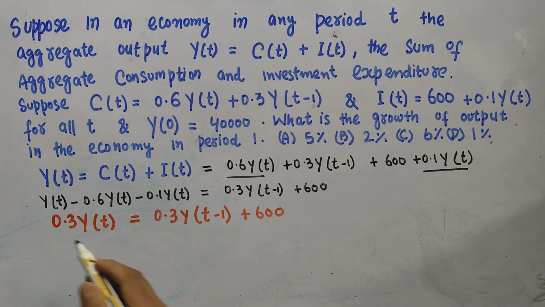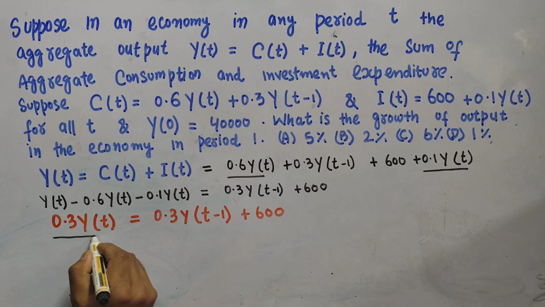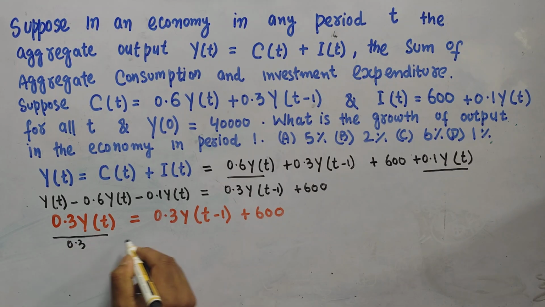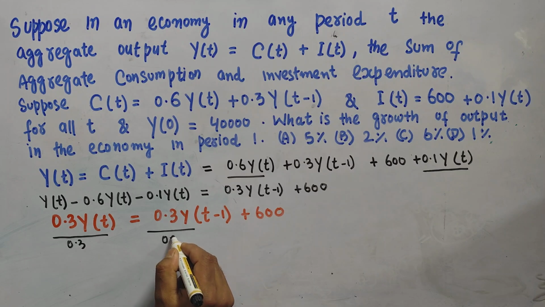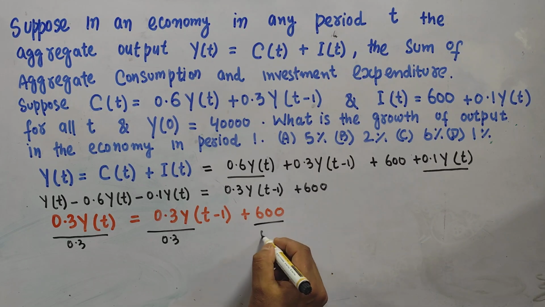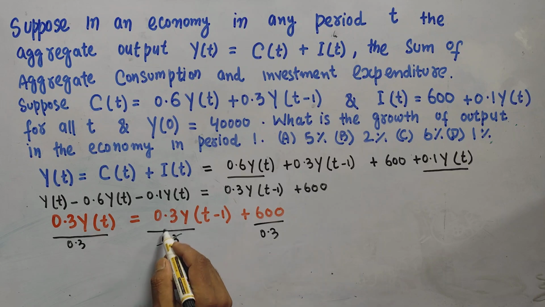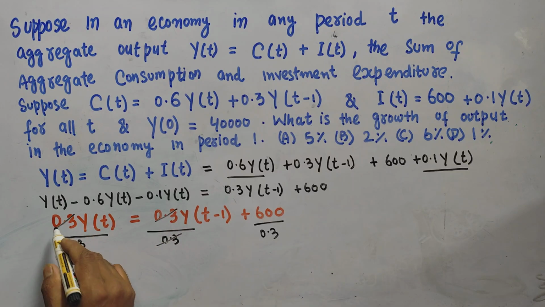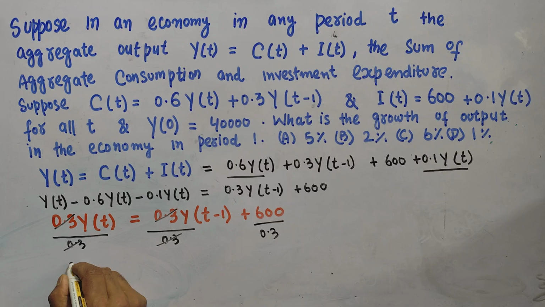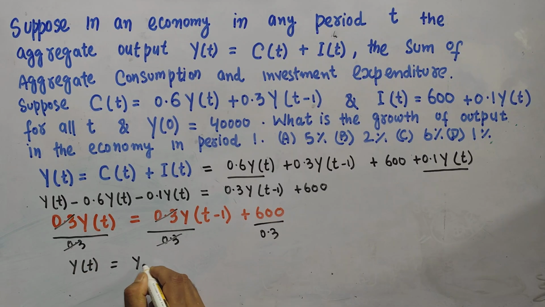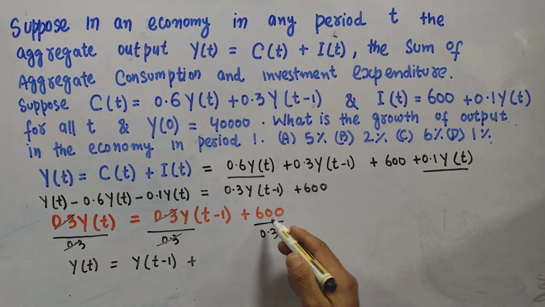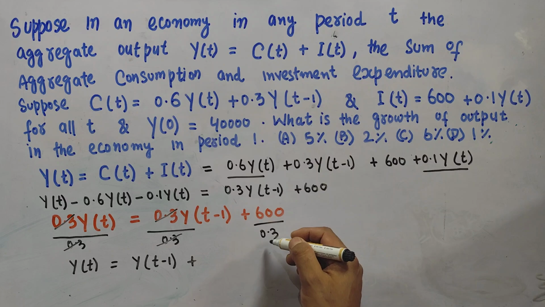Now dividing both sides by 0.3, this term gets cancelled, this term gets cancelled. We are left with yt is equal to yt minus 1 plus, let us see what is 600 divided by 0.3.